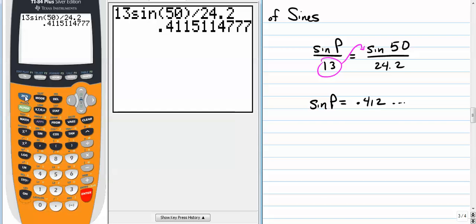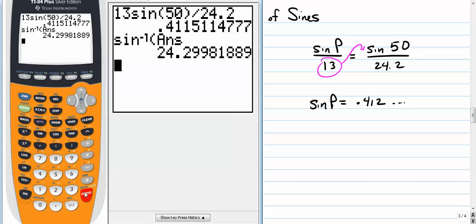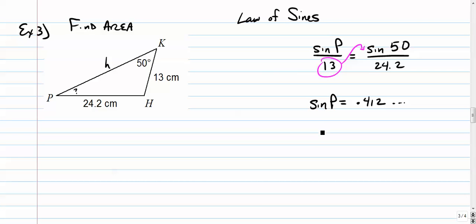We'll use our calculator. Now we're going to hit inverse sine of that answer, and we get angle P is 24.3. So the measure of angle P is 24.3. So that'll go right in here. I'll erase that question mark, 24.3.